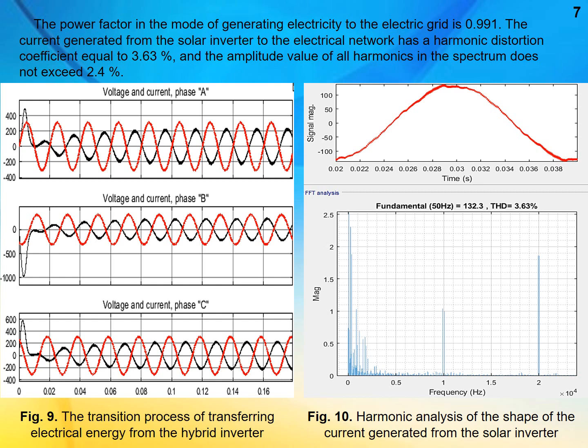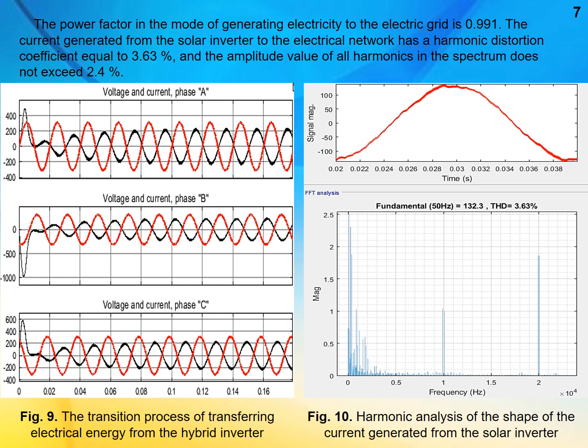As is known, the condition for the implementation of the power factor correction mode and the formation of the sinusoidal form of the generated current is that the voltage in the direct current link of the solar inverter is higher than the amplitude value of the line voltage of the network into which the energy from the solar panels will be transferred.